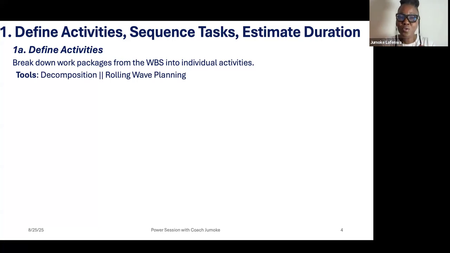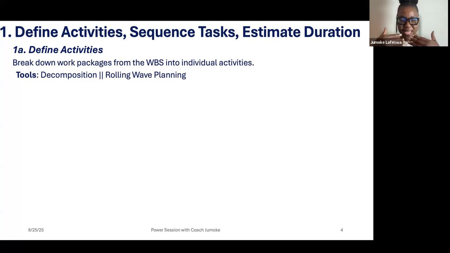And the tools that you will use in defining activities is decomposition, like the WBS, and then you break down the work packages, as well as rolling wave planning. Rolling wave planning means that in the example I gave, you will not start thinking of the color you are going to paint the bathrooms in the 3 bedrooms when you have not started the work.